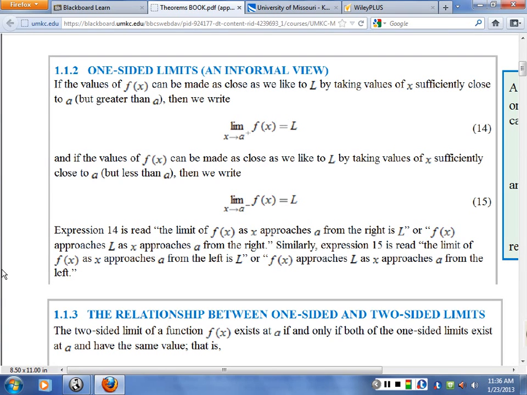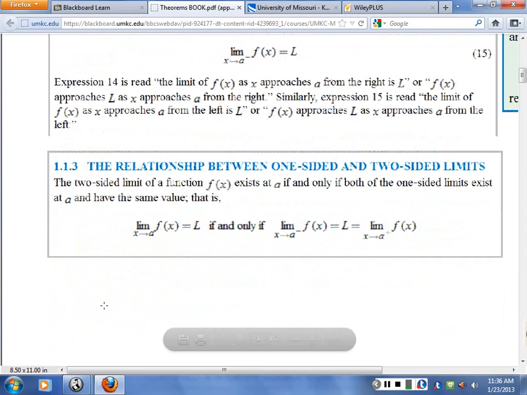If it doesn't, the limit doesn't exist at 2, but the limit on the right and the limit on the left will always exist. So that's the last theorem that talks about it. The limit at the point a will exist if and only if the right side limit and the left side limit equal L, the same thing. If it doesn't, you write does not exist.